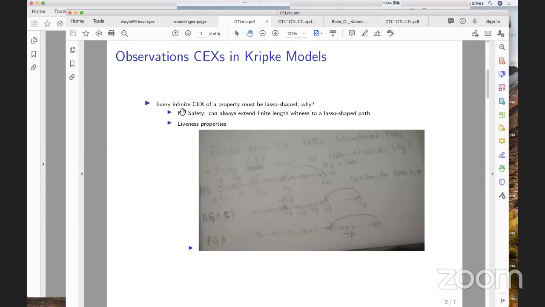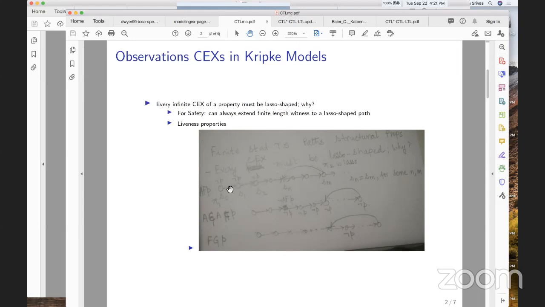But what I'm claiming here, which I did in a rushed fashion, is this. Here I will illustrate and then convince you as to why every infinite counterexample of a property must be lasso shaped.